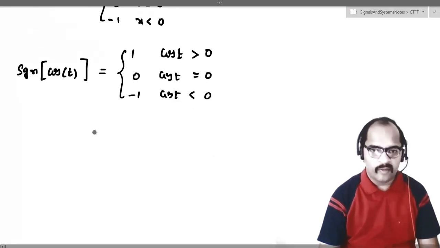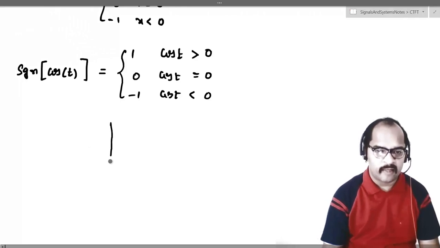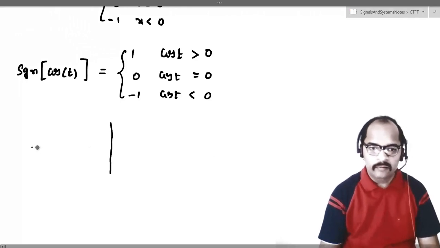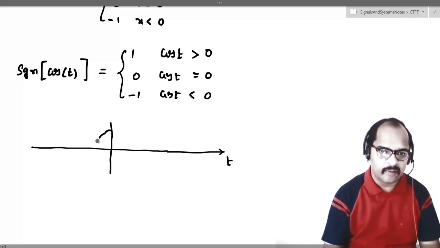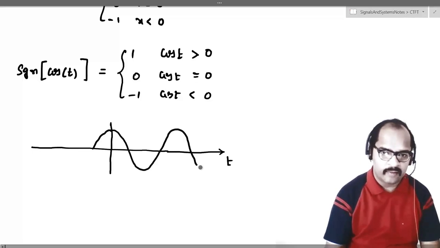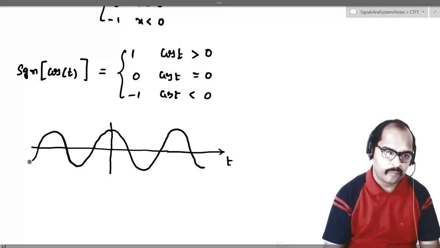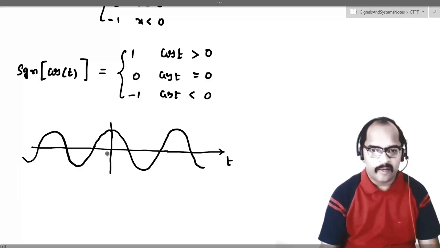So what is cos t? Let us try to plot that. This is our cos t. It is a cosinusoidal signal, and the plot will look like this. What are the limits?